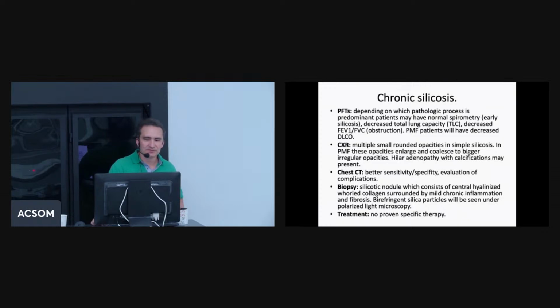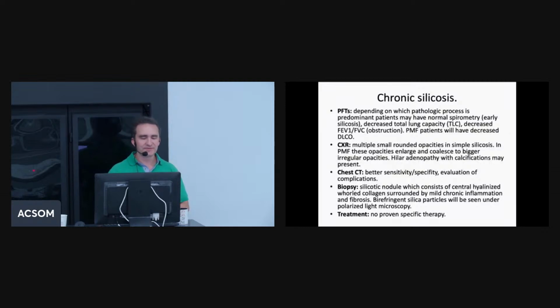And then you'll see the same on the CT scan, and then you'll have a better picture of the lymph nodes. On the biopsy, if you do it in the right spot, you'll see a silicotic nodule with a central hyalinized pearl, kind of curvy collagen, which is surrounded by the more regular collagen fibers, and it's going to be birefringent.